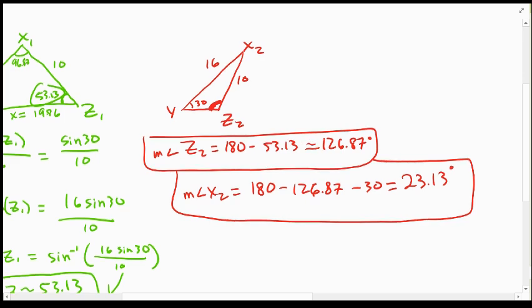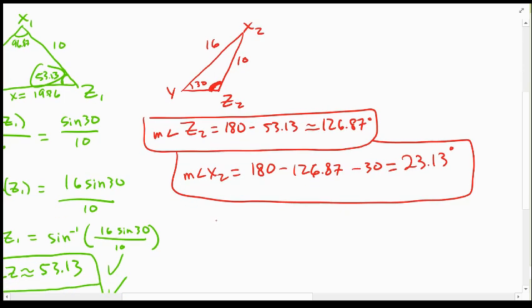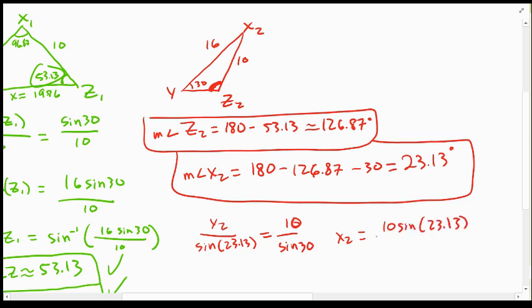And then to find my side length of X2, I'm going to use the law of sines one last time. X2 over sine of 23.13 equals 10 over sine of 30. So X2 equals 10 times sine of 23.13. And now I'm just doing algebra here.